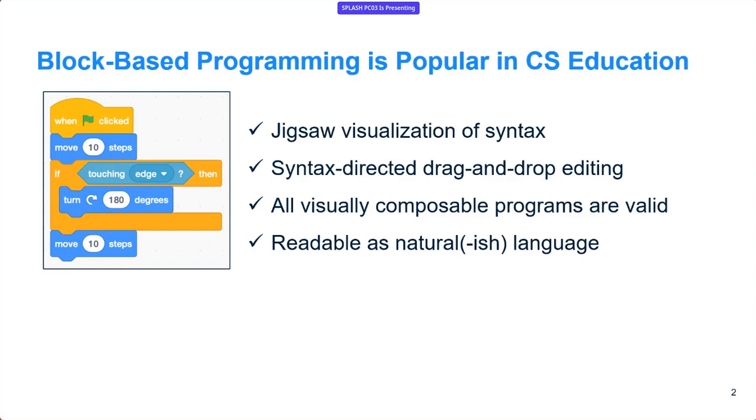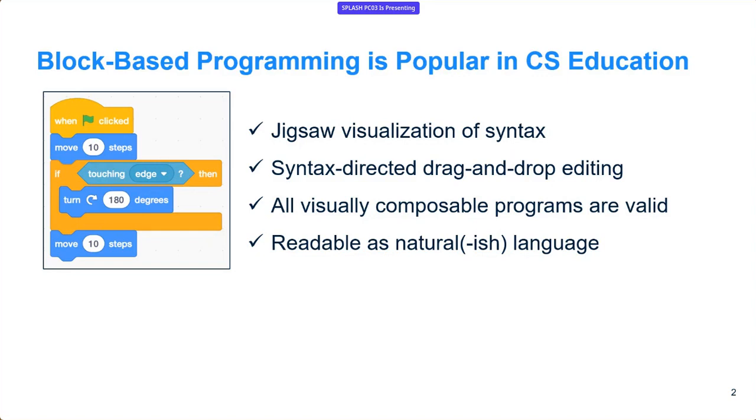And there are some other features that might not be immediately obvious from looking at this screenshot, which are that in block-based languages, there are some exceptions, but typically all programs that are visually composable so that you can attach them to each other syntactically are also valid, also on this level that you can compile them. So there might also be some sort of type checking already going on based on the block shape and so on in some languages.